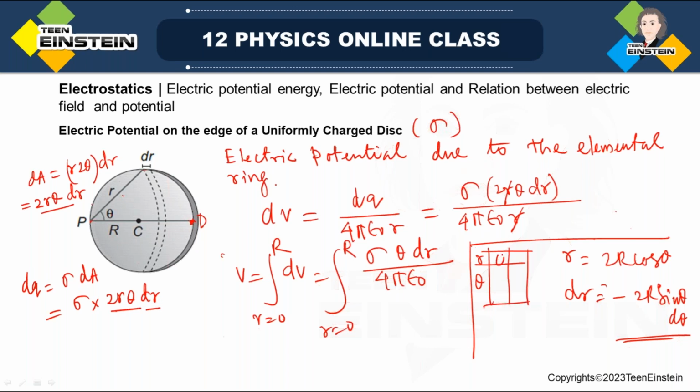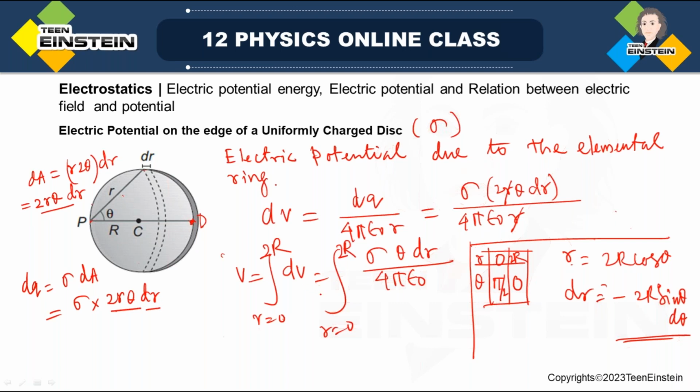When r is 0, cos theta is 0, so theta will be 90 degrees. When small r is capital R, I think this will be 2r, not r. It will be going up to 2r. So small r will be 2r, and then cos theta is equal to 1, so theta is equal to 0.